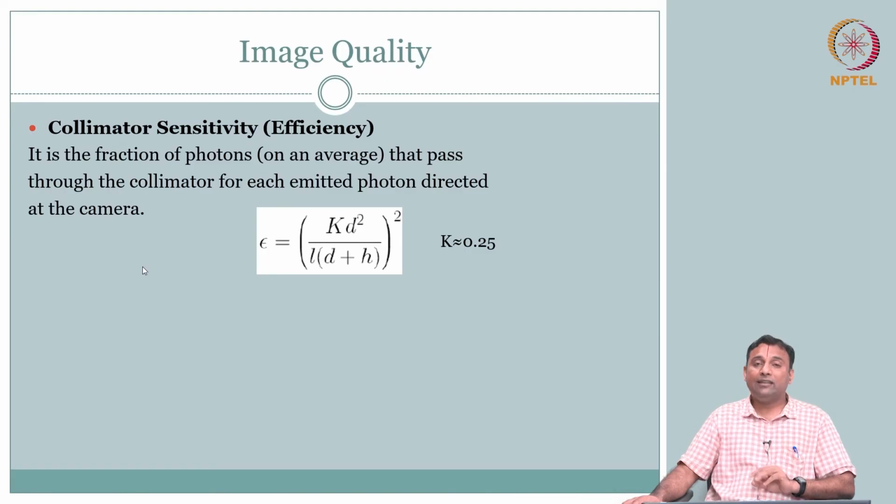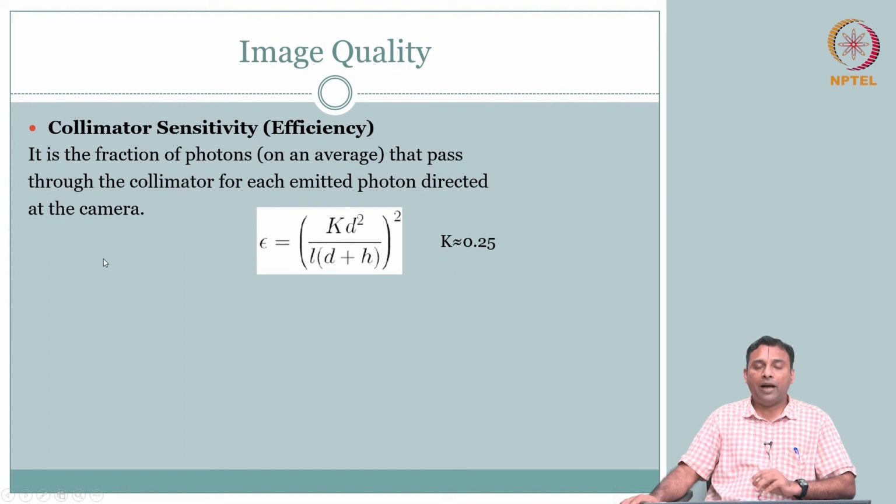So, it is not like one detector fits all. Each imaging study, each patient, at least the physiology that you are going after, all that requires a proper choice of what detector you are going to use.